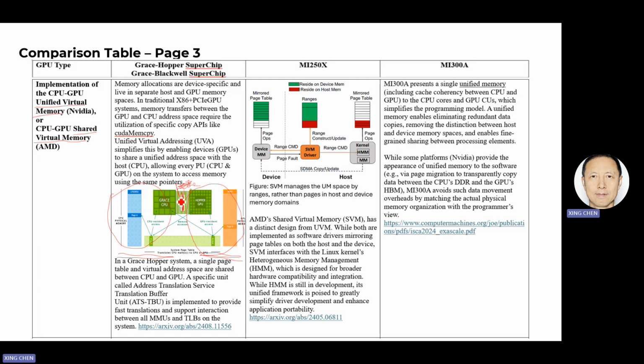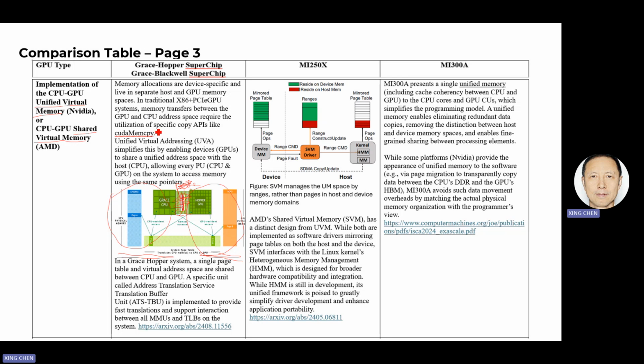We are back to the link between this one and this one, which is the C2C link. You have this kind of link. So memory allocations are device specific and live in separate host and GPU memory spaces. In traditional x86 plus PCIe GPU systems, memory transfers between the CPU and the GPU address space require the utilization of specific copy APIs like CUDA memory copy.